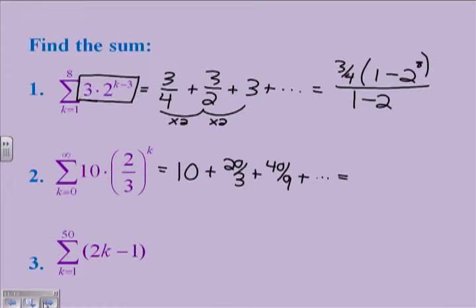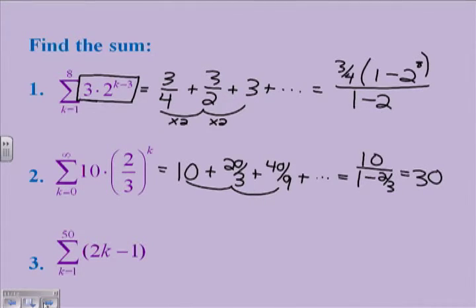Does this qualify for using the formula for an infinite geometric? It's geometric, it is infinite, and the common ratio, what's being multiplied each time, is 2/3. So it's 10, first term, over 1 minus the common ratio of 2/3. And I believe that ends up being 30 rather easily.